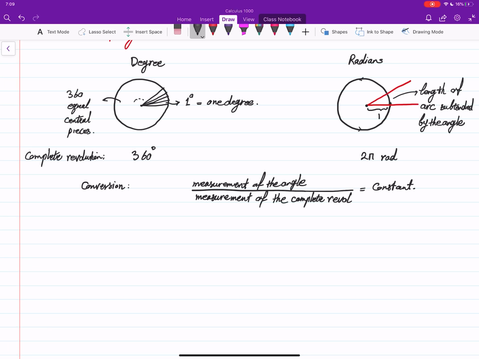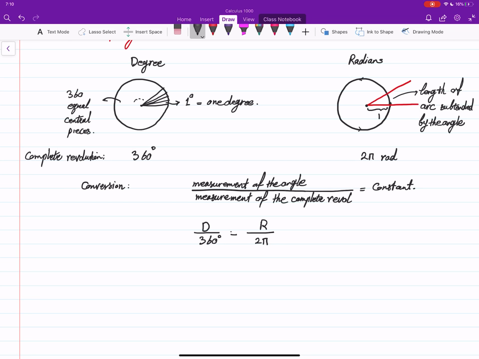Meaning that if you measure an angle in degree and in radian, these are going to be different numbers, but the ratio of the degree measure to 360, the measurement of the complete revolution in degree, is the same thing as the measurement of the angle in radian to the full measurement of the circle, which is 2 pi in radians.